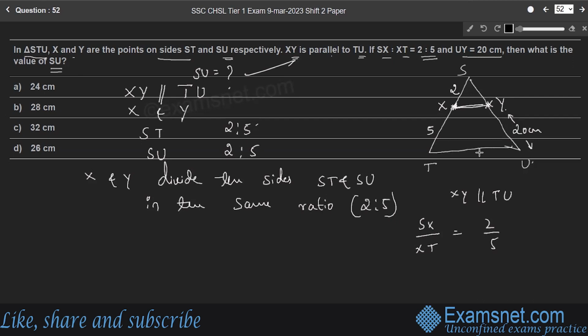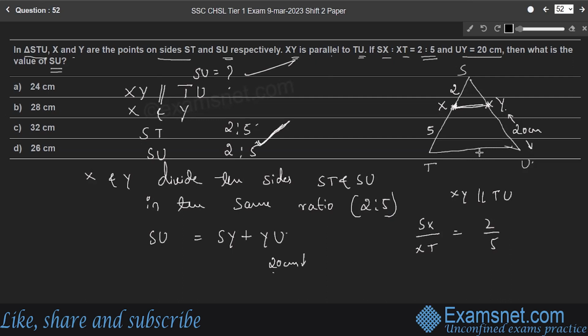So SU is nothing but SY plus YU. YU is given, which is 20 centimeter. Therefore, 20 centimeter should be the fifth part of the complete SU.